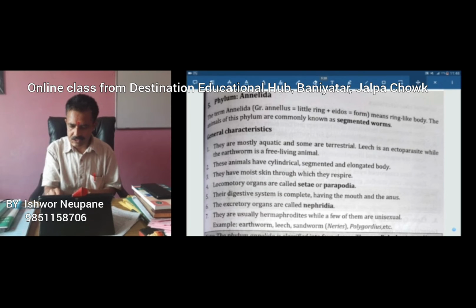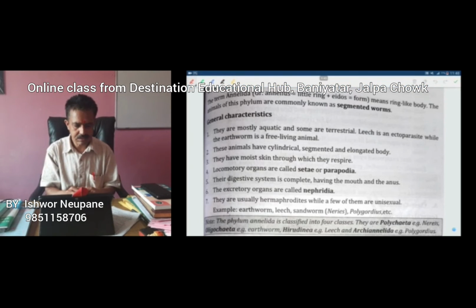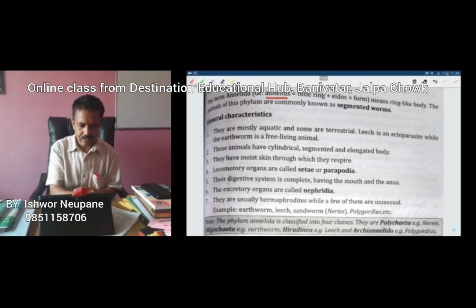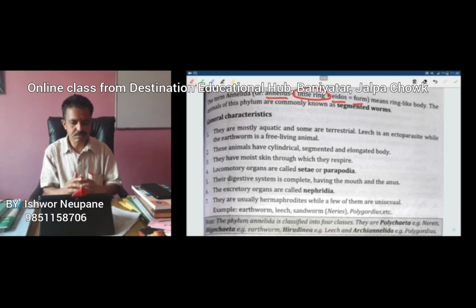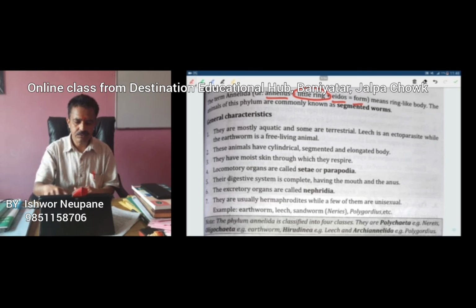Roundworm, their body is cylindrical. One difference. Tapeworm, they have no anus. Roundworm, they have anus. In that way we can give the differences between tapeworm and roundworm.